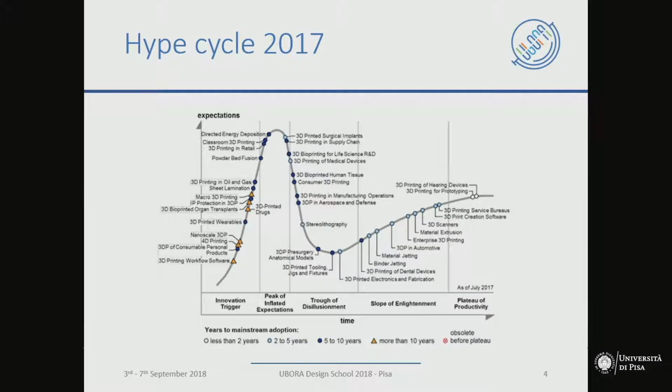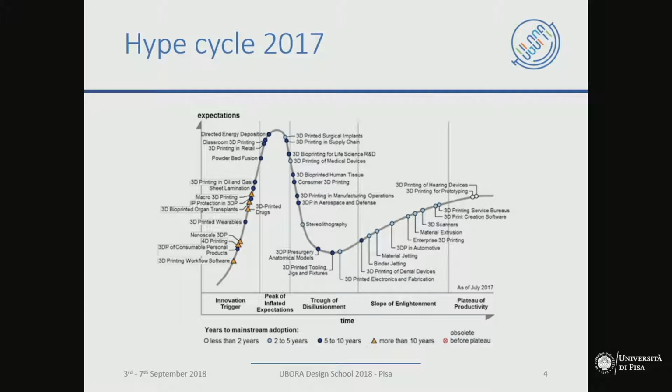In this case, this is the graph for additive manufacturing, where you can find many, many technologies. So how it works: at the beginning, a technology is just for few people. There is a lot of expectation, but just in a restricted number of people.